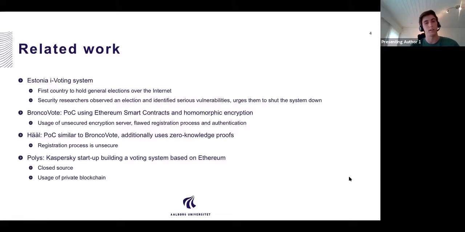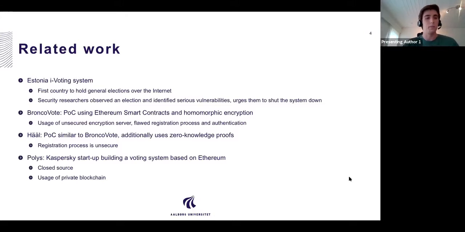Then we looked at 3 further systems that are all based on the Ethereum blockchain. First off, we have BroncoVote, which is a proof of concept using Ethereum smart contracts and homomorphic encryption. But it is a proof of concept, and there are many flaws that are not accounted for in this POC, such as an unsecured encryption, a flawed registration process and further problems.